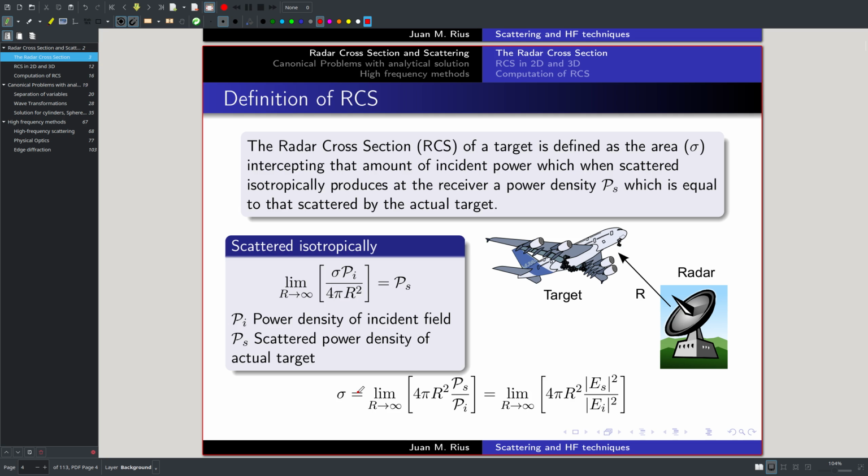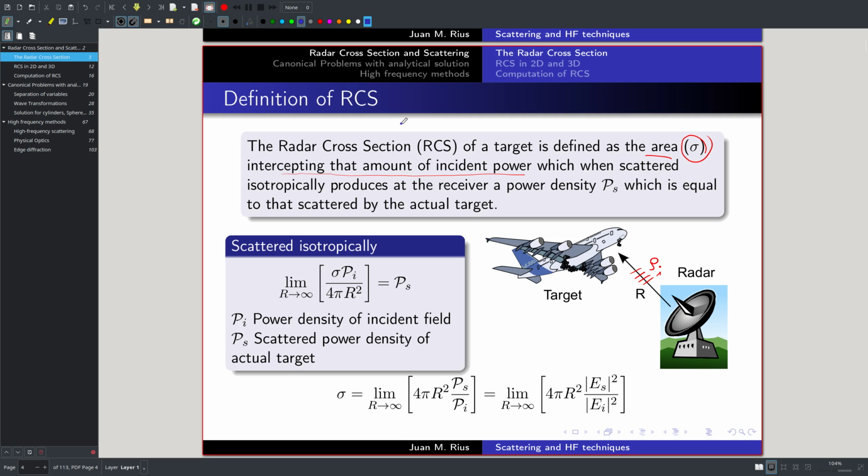So the definition of radar cross-section is the following. It is the area, represented by the letter sigma, intercepting an amount of incident power. So if the incident power is like this, we have here some incident power, the aircraft has an equivalent area.